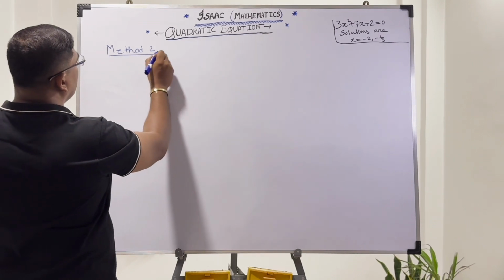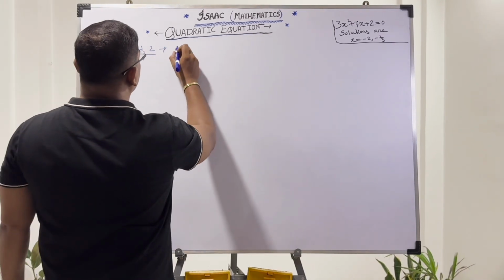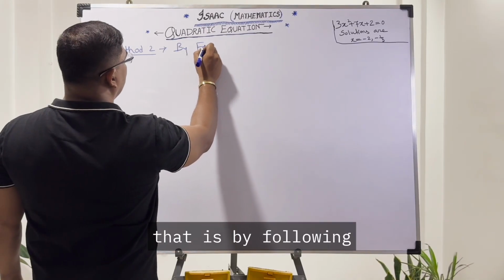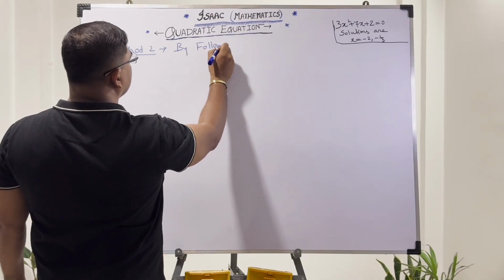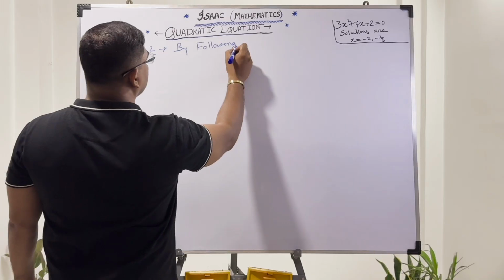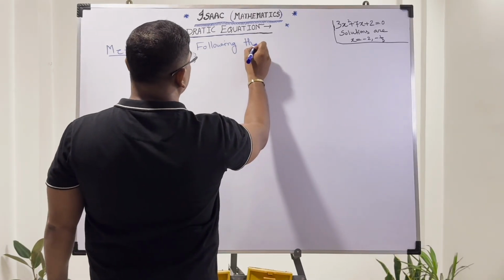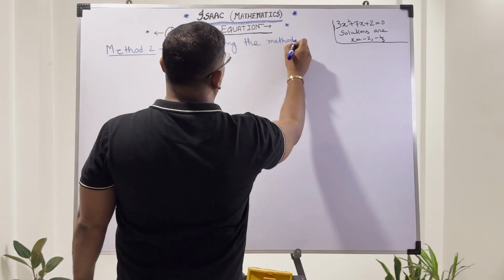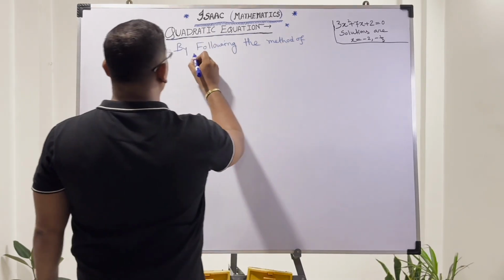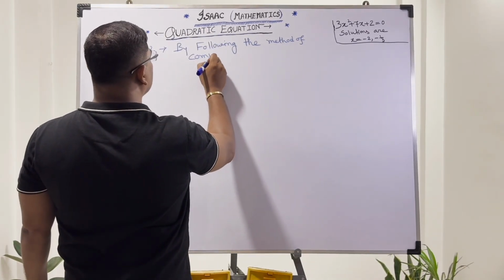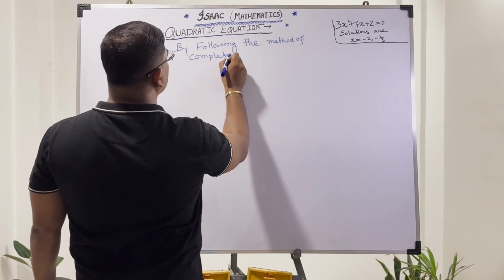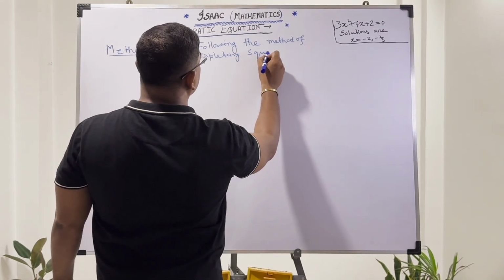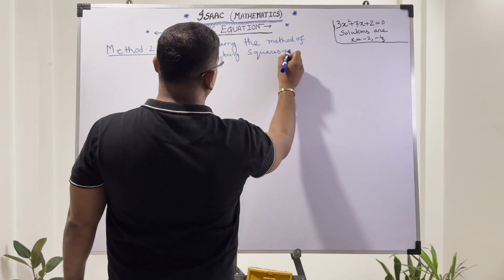Method 2 or procedure 2, that is by following the method of completing squares.